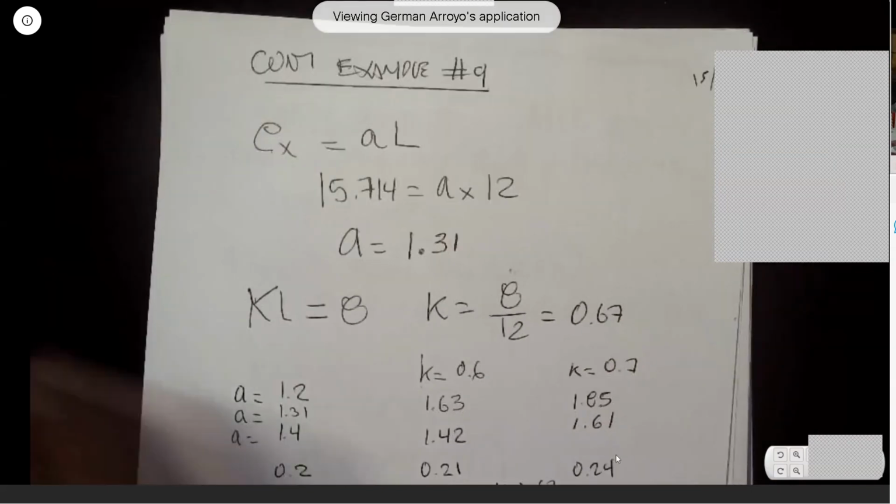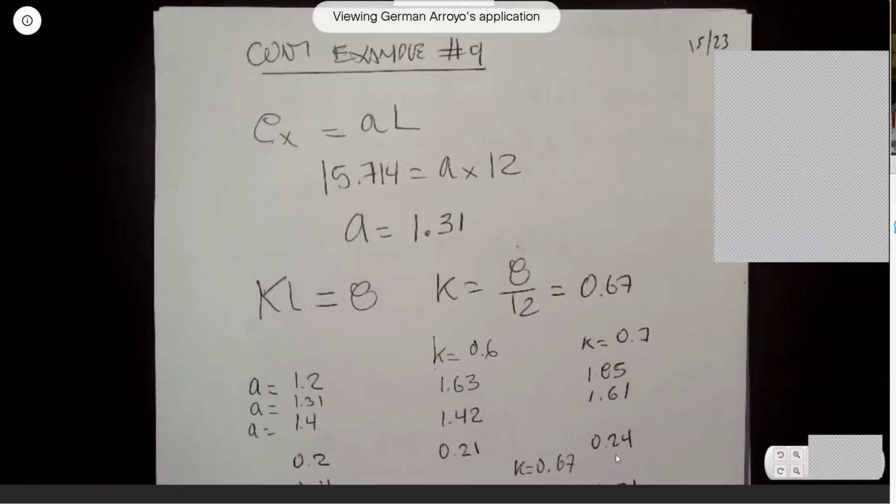In the eccentricity X, this letter A is not the size of the weld. It's a constant to be used for this table, so don't forget that this here is a constant that we're going to use. And L in here is the 12 inches.